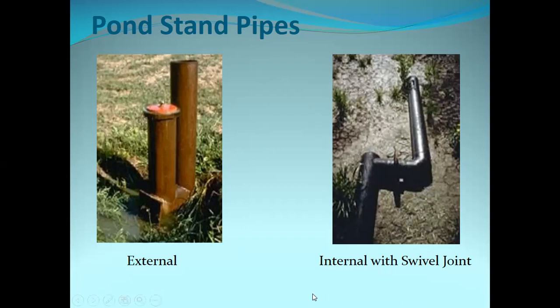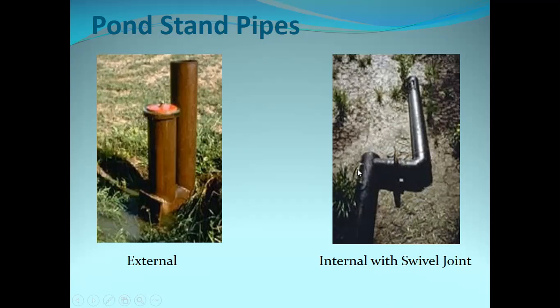And then you could also have an internal one with a swivel joint. You see this pipe laying down; this drain out is actually inside of the pond itself. When we say swivel, that means there's some sort of rotation or movement. It's not 100% visible, but in the middle here you're seeing something looking like a partition in the pipe. That's the swivel joint.